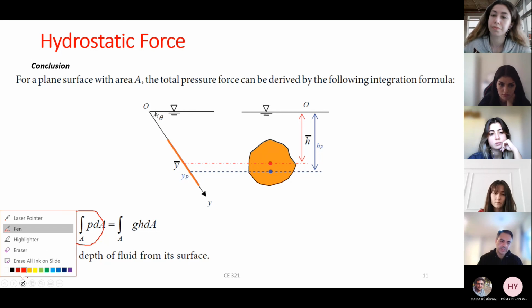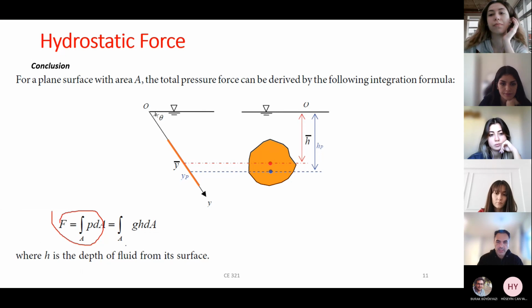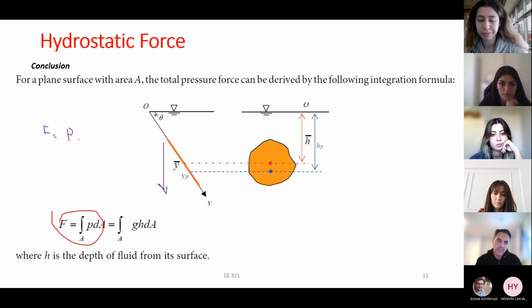In general, the general solution is this. Look, from up here to here, pressure is not constant. Therefore, I cannot easily say that F equals to P times area, because pressure varies.